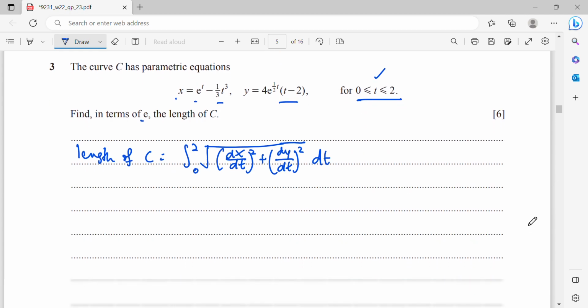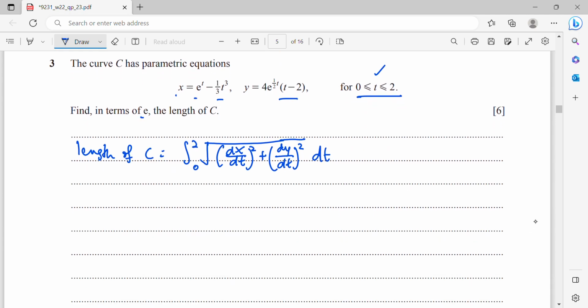Now, first of all, we need to get the dx/dt and dy/dt expressions. So I will do it here. x is e^t minus 1 over 3 t cubed, so dx/dt: differentiate e^t is e^t, and differentiate negative 1 over 3 t cubed, bring out the 3, you will get negative t squared.